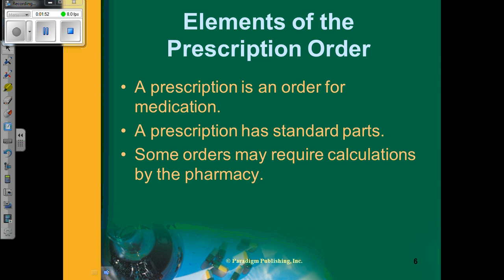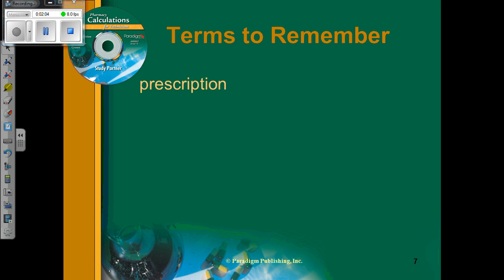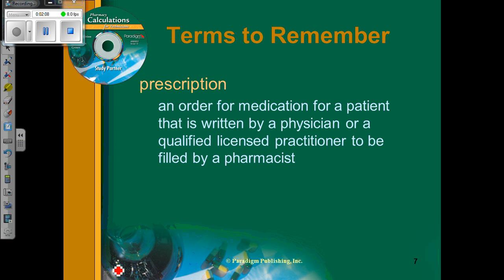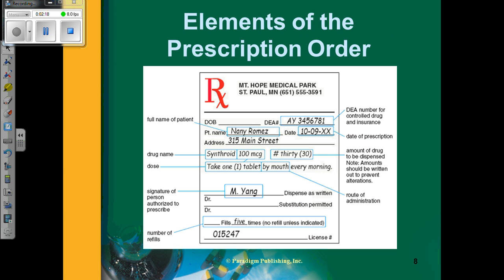If you have a compound, you may have to do additional calculations for mixing, and also for IV piggybacks. So a prescription is an order for medication for a patient that is written by a physician or a qualified licensed practitioner to be filled by a pharmacist.